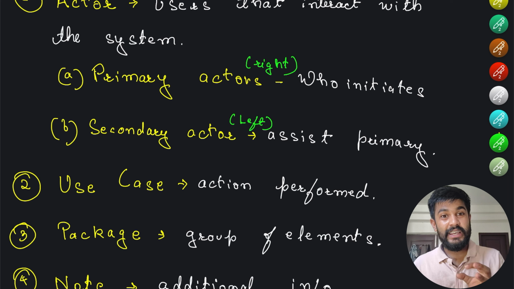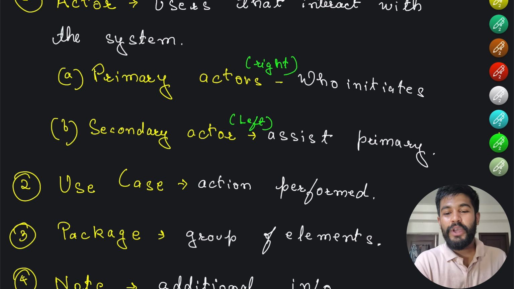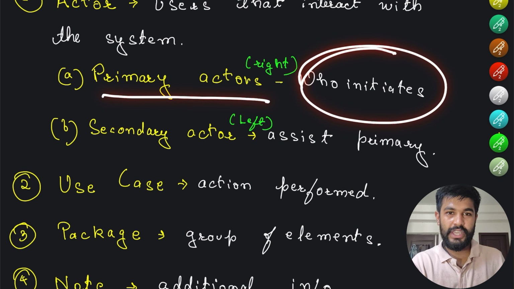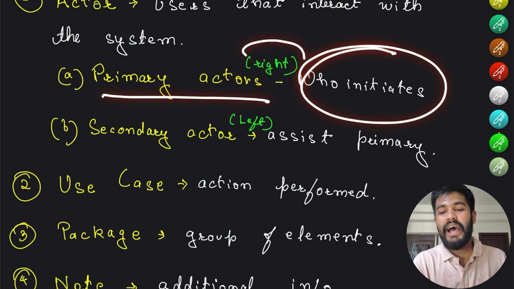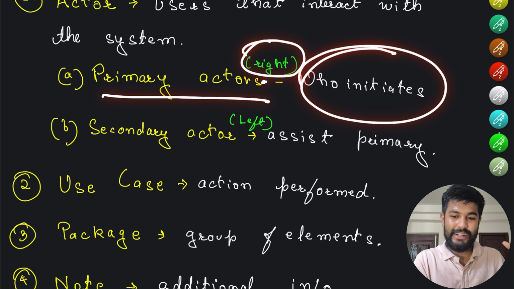After I get sad, my friend is there to support me. So who initiated all these things? My sadness initiated all these things. So I am a primary actor who initiates the use case or the system, and the person who initiates is kept on the right hand side.